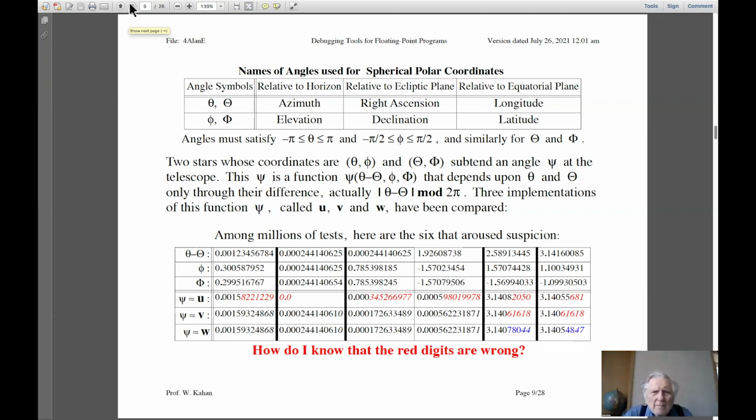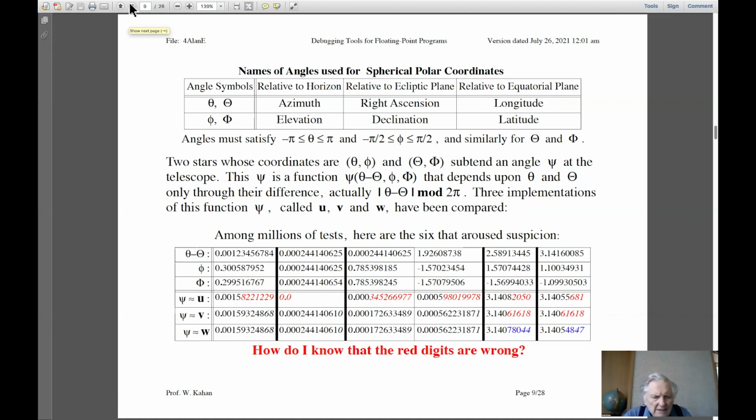What we're trying to do is look at the angles that are subtended at the telescope by the directions to stars that are listed in your ephemeris. The angle subtended gives you some idea of where you are.